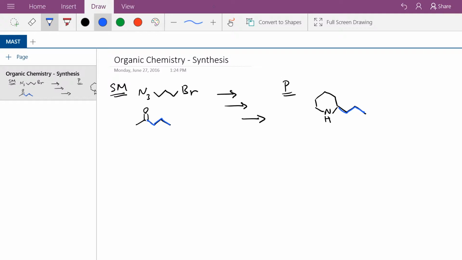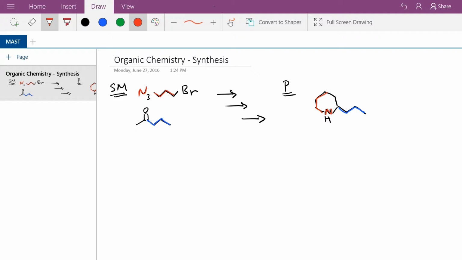So there's some similarity, and you can also notice that there's a nitrogen in both one of your starting materials and in the product. So you have this here in red connected to some carbons, and you also have this nitrogen here connected to some carbons. So I like to do this as a first step just because it orients me to see where the pieces might fit in throughout the synthesis.